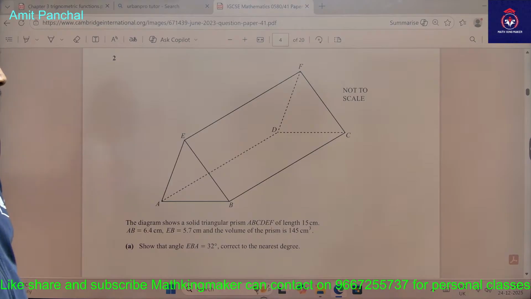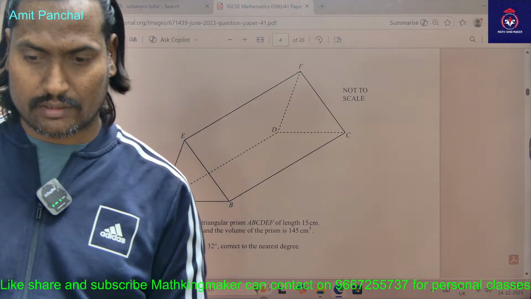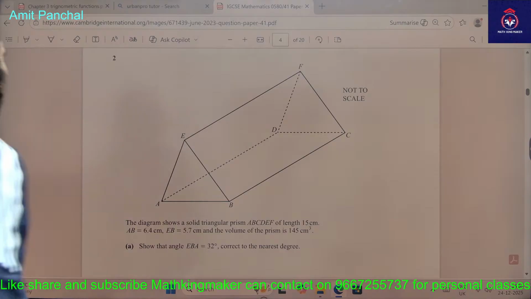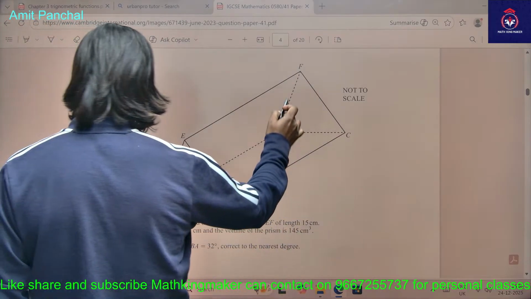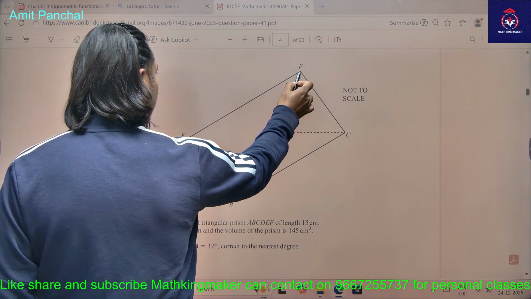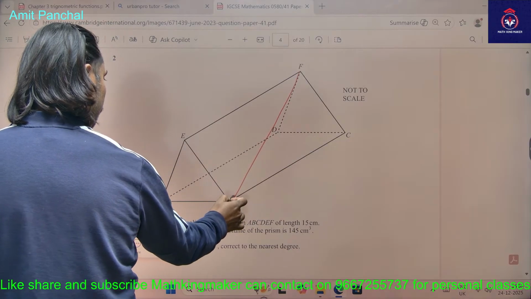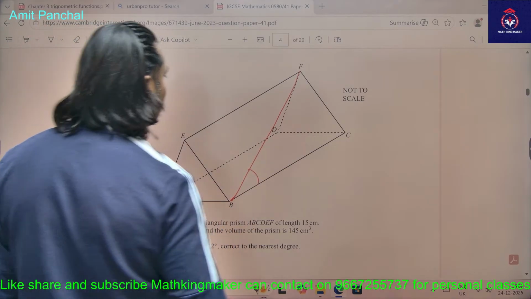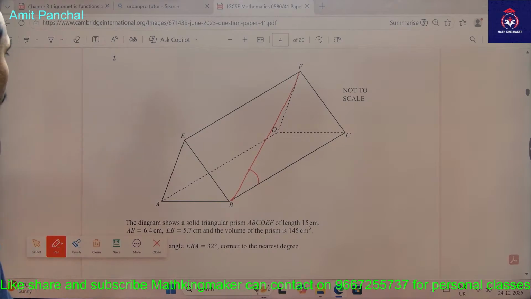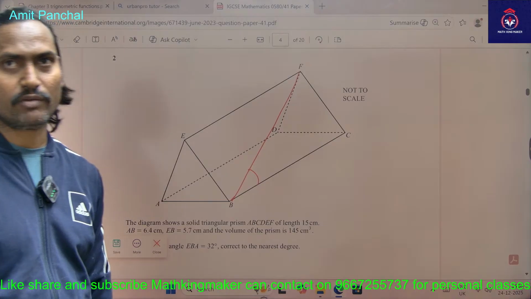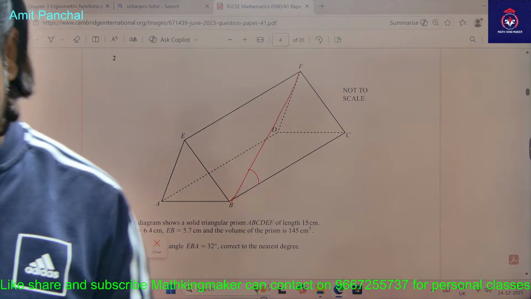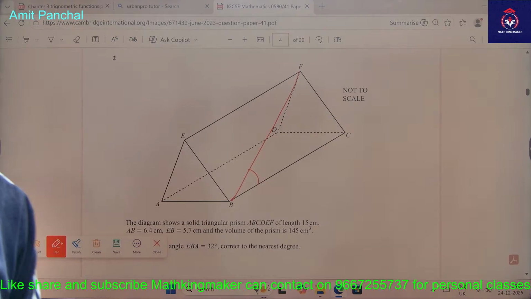Again, you can use cosine rule. I used the 3D Pythagoras theorem for some reason. I don't know how you're supposed to use the cosine rule for this. By 3D Pythagoras theorem, I got 21.9 degrees. That was not the right answer.